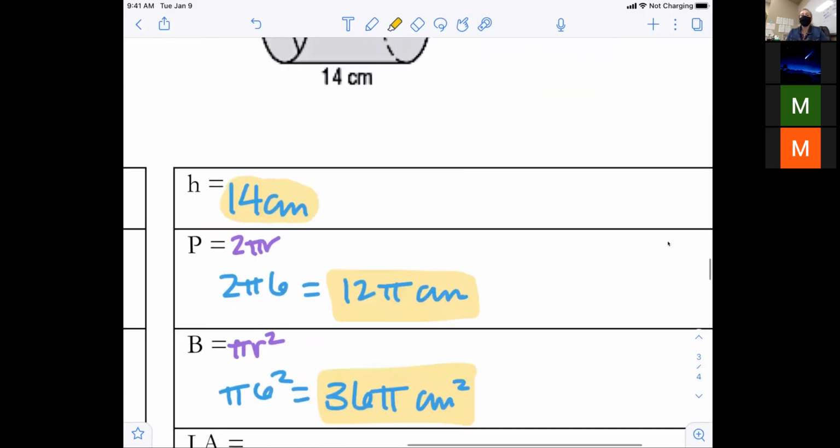Check in if you haven't already. Make sure your height, your perimeter, and your base are all the same as mine. Anybody get a different answer and want to check in why? All right, you're all just moving and grooving.